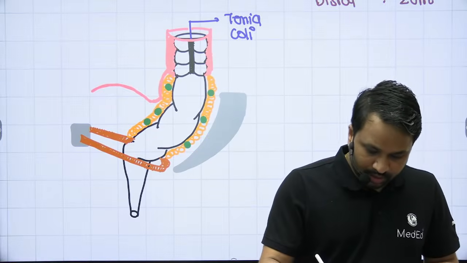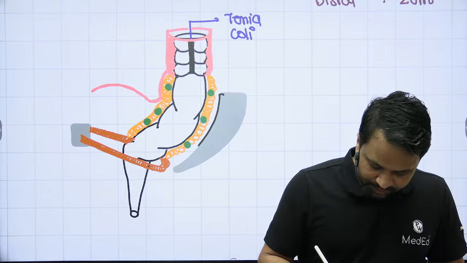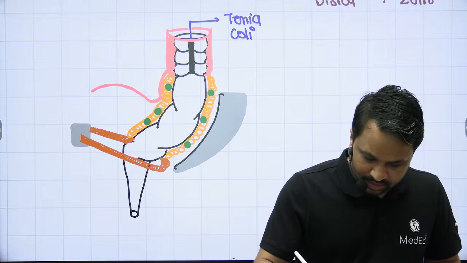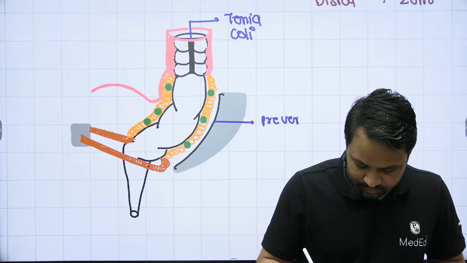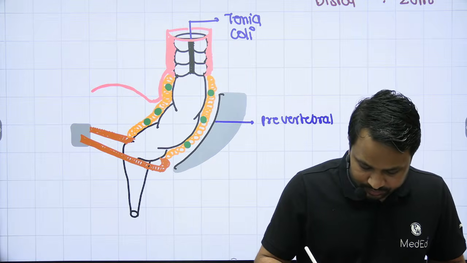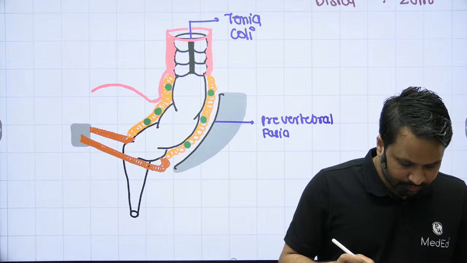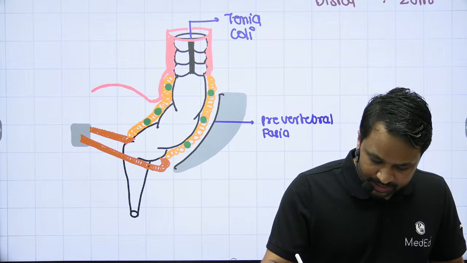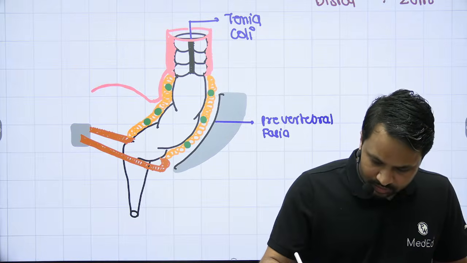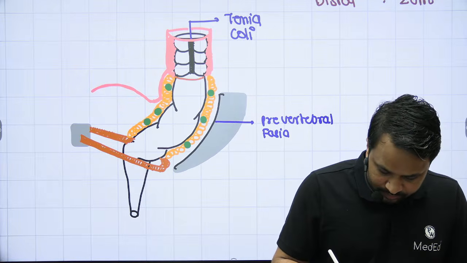Right. In front of the vertebra, there is this prevertebral fascia, right? So you see this, which we have seen here. This is your prevertebral fascia. On the rectum, you will see there is this layer that is present. We have a layer over the rectum, and that is called the investing fascia of the rectum.